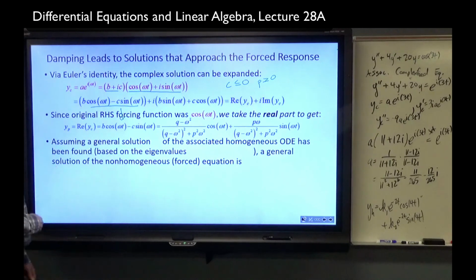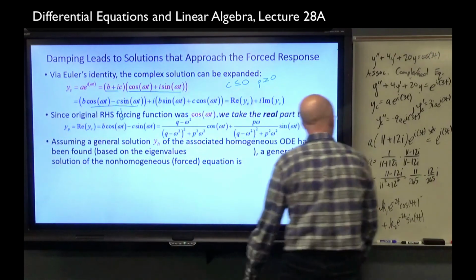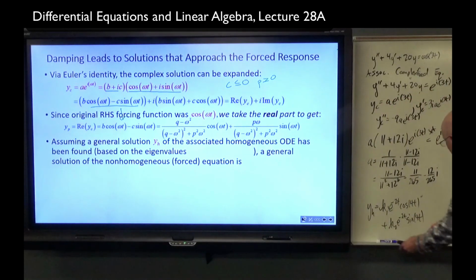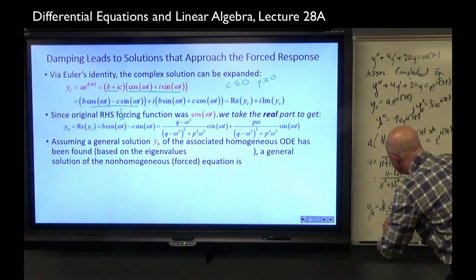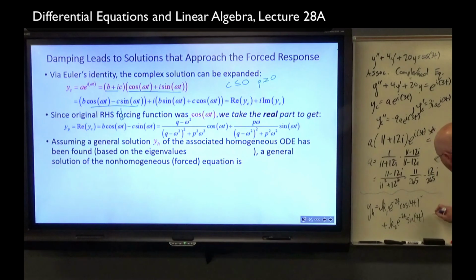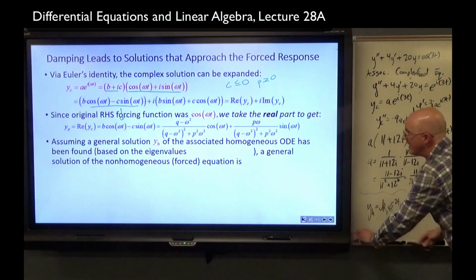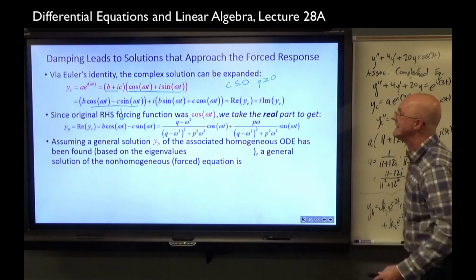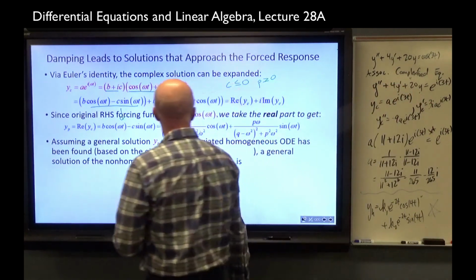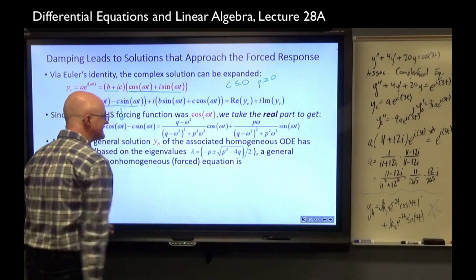Here are some general comments. Assuming a general solution, YH, of the associated homogeneous equation, like we found down there, that's our YH, has been found based on eigenvalues. In general, it would be this.